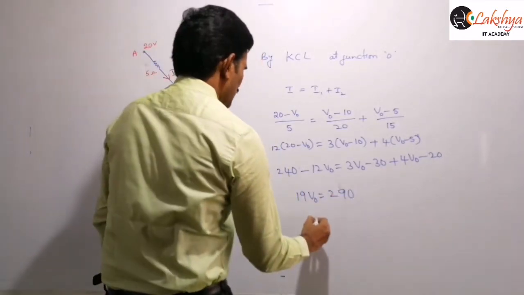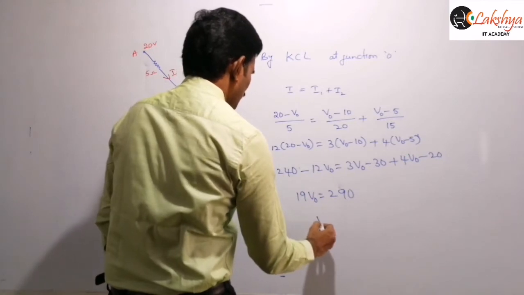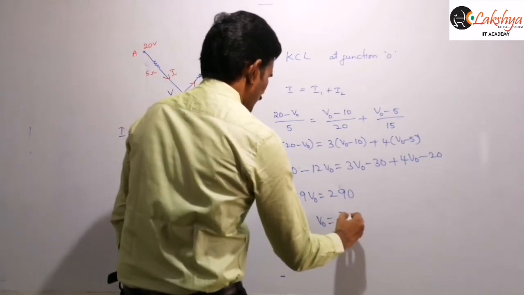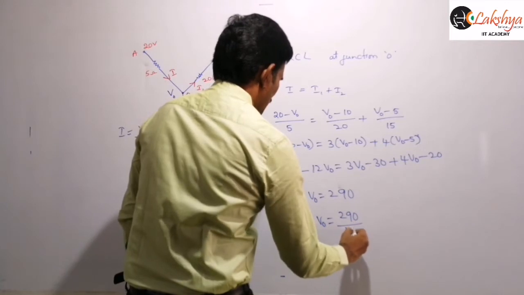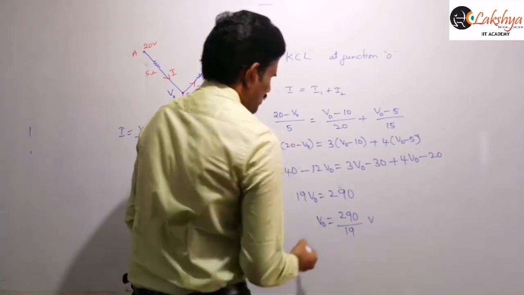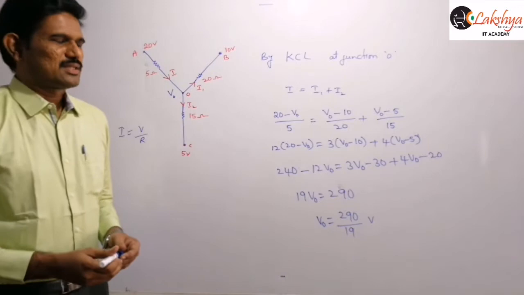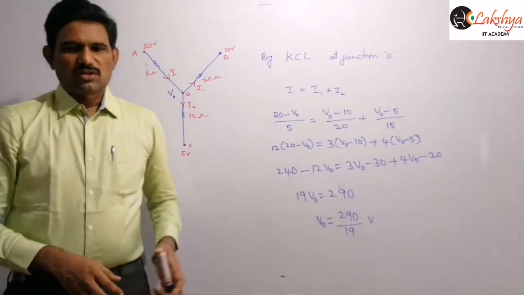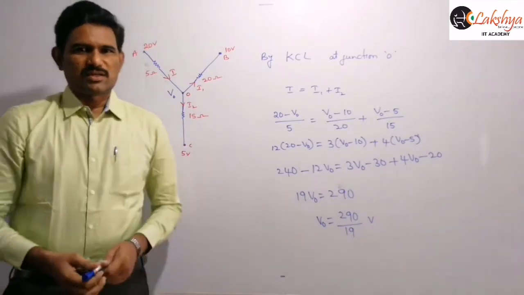And from this we can write this V naught value as 290 by 19 volts. So that is our V naught value, potential at that junction. And now by using that, we can find the current here, right?